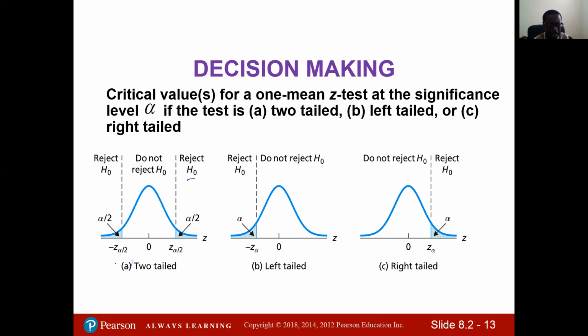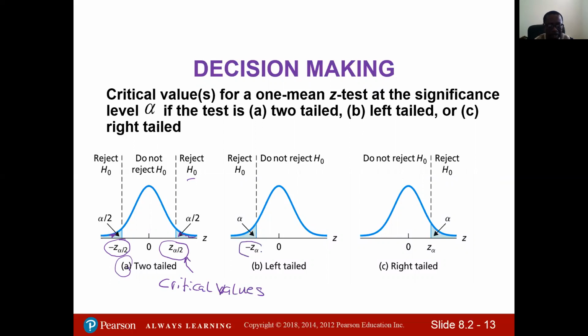Now let's talk about the two-tail test. Remember, Z alpha and minus Z alpha are your critical values.